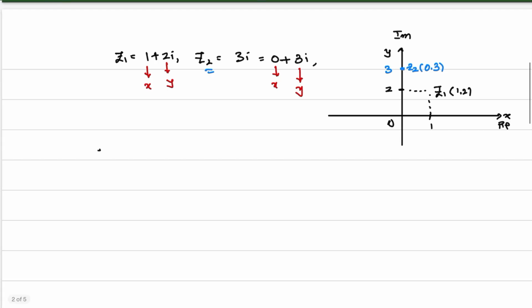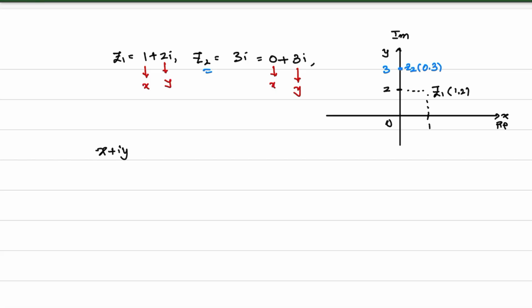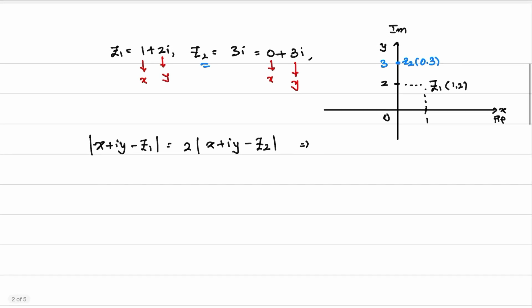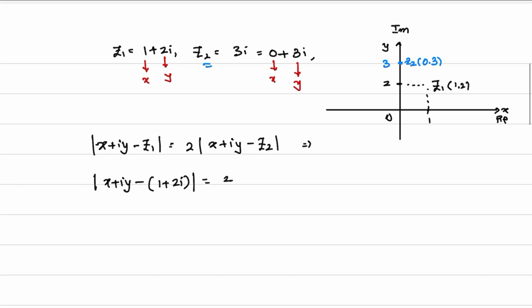The curve is defined by the modulus of x plus iy minus z1 equal to 2 times the modulus of x plus iy minus z2. Here z1 is 1 plus 2i, so the modulus of x plus iy minus (1 plus 2i) is equal to 2 times the modulus of x plus iy minus 3i. This is the curve.